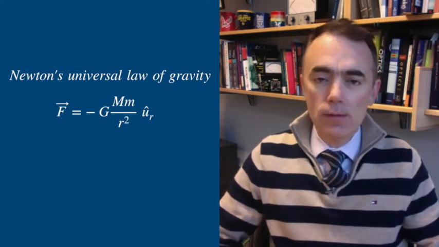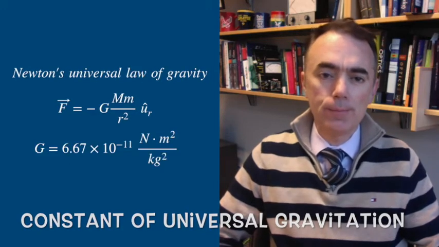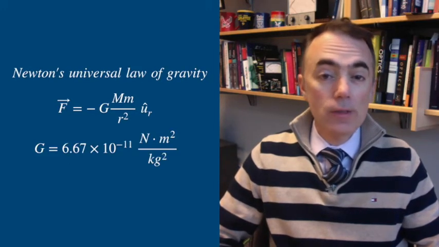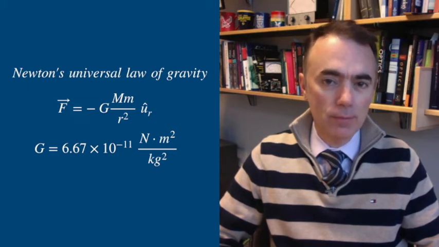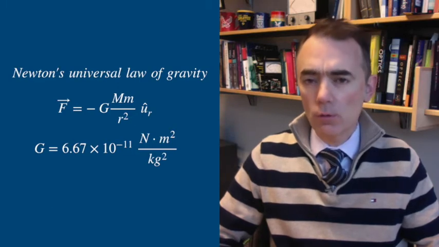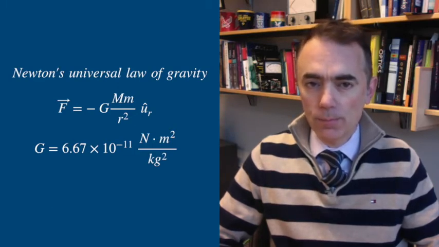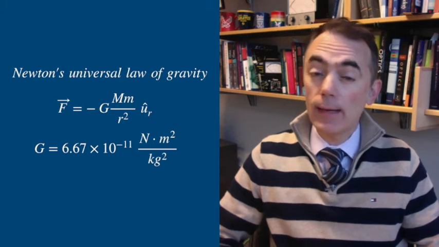This equation has a constant, the constant of universal gravitation, G. Its value is 6.67 times 10 to the negative 11 newtons times meters squared over kilograms squared. Look, this constant is really small, 10 to the negative 11.